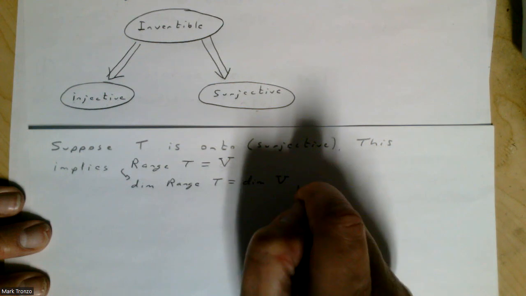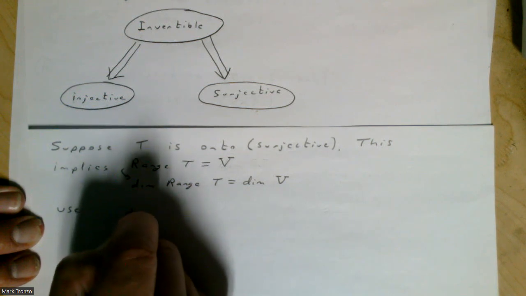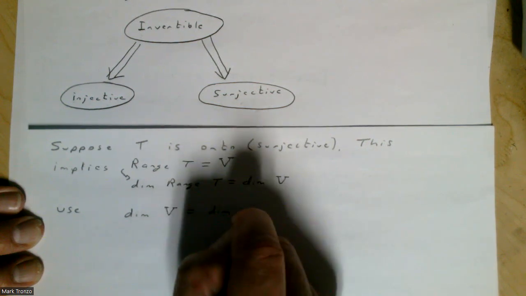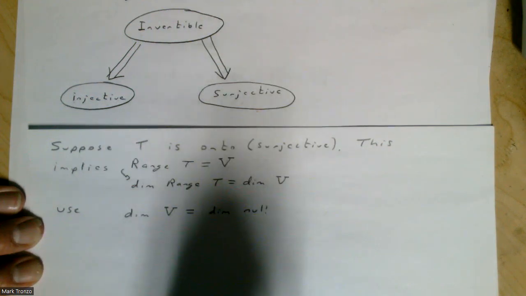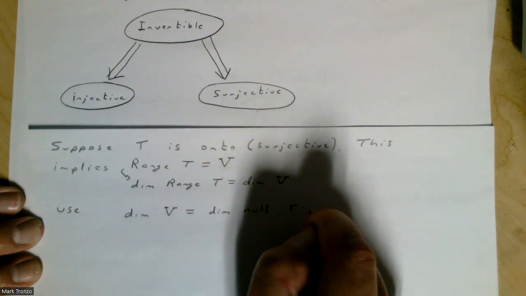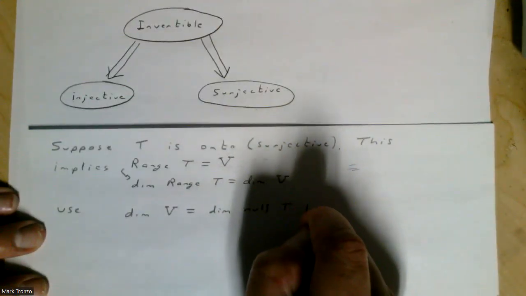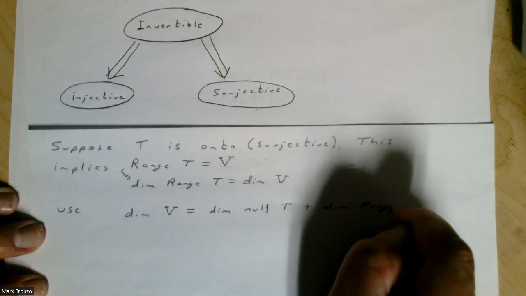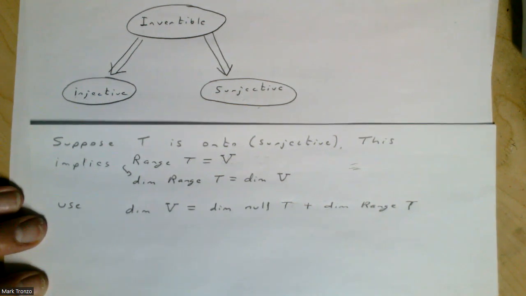And once again, use our equation. The dimension of V is the dimension of the null space of T plus the dimension of the range of T. Just use that same equation we've been using.